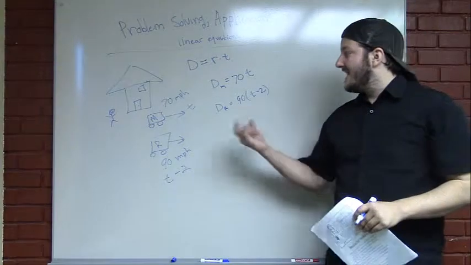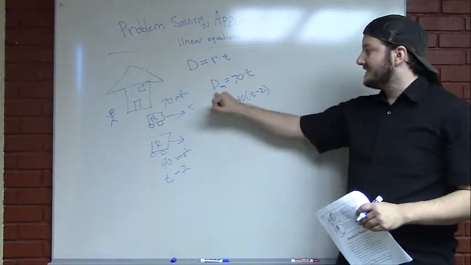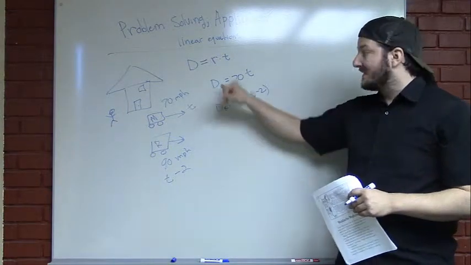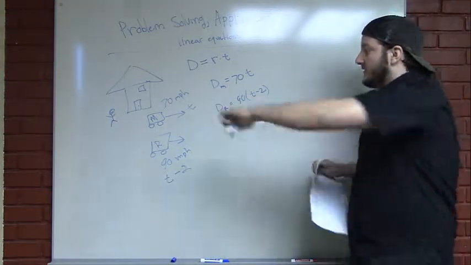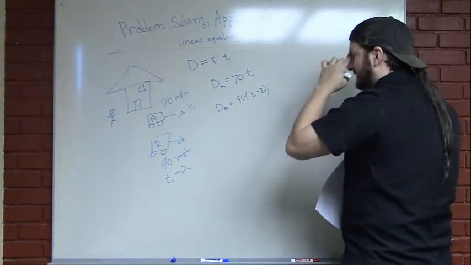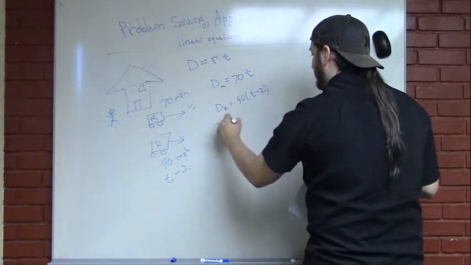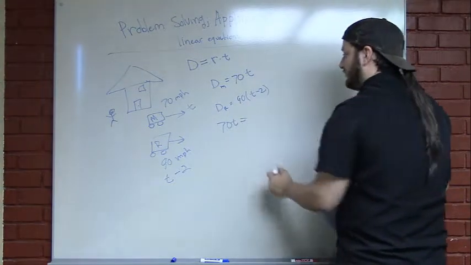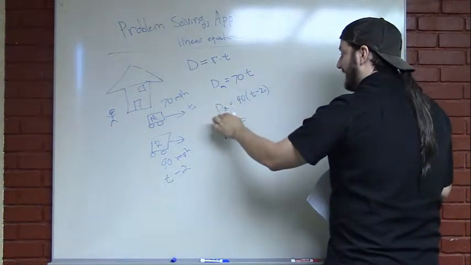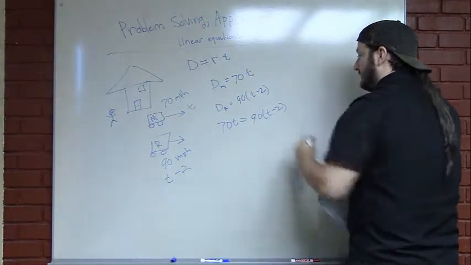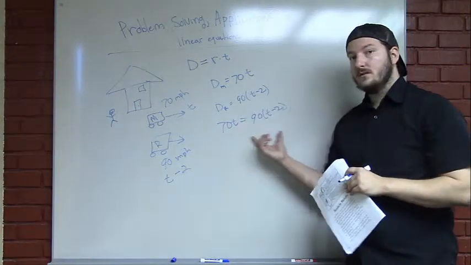With that being said, these two distances here, the distance Michelle drove and the distance that Rosa drove, are exactly the same. So what you can do is you just set these two things equal to each other. So you have 70t equals, because the distances are the same, 90 times t minus 2.